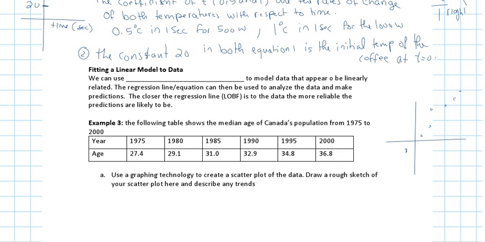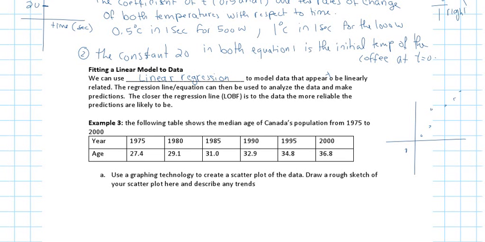So we can use linear regression to model data that appear to be linear. The regression line equation can then be used to analyze the data and make predictions. The closer the regression line is to the data, the more reliable the predictions are likely to be.